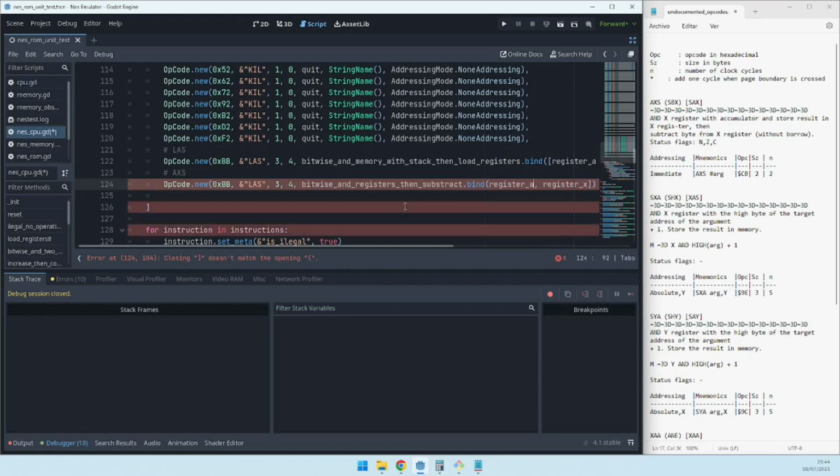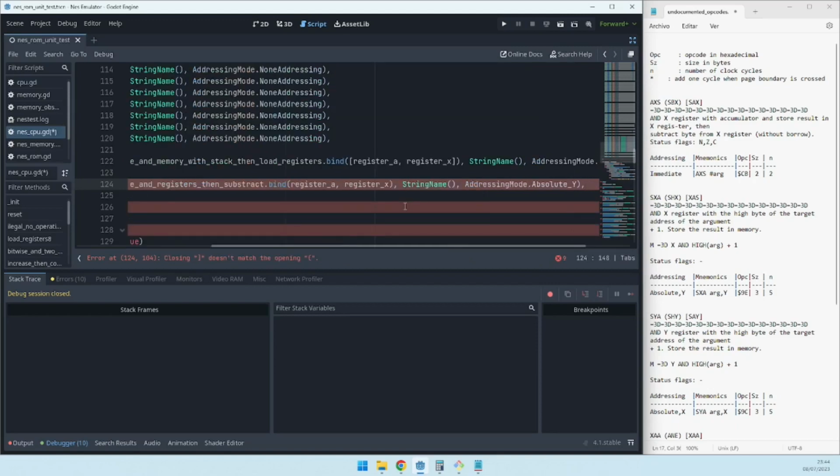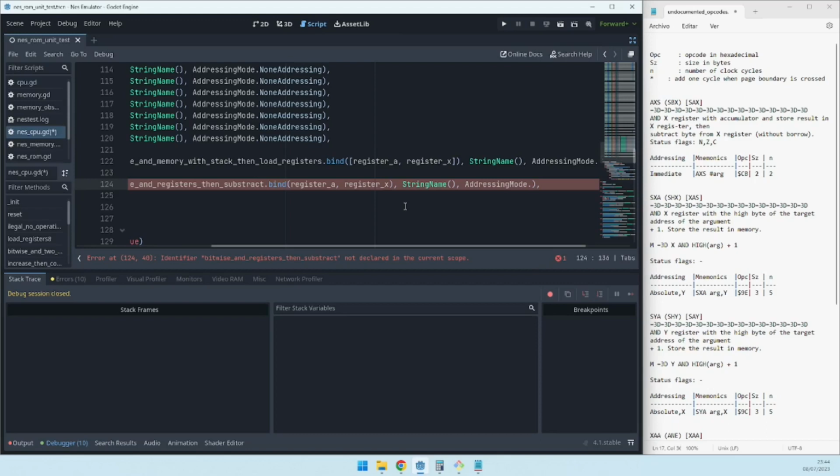This one is taking A and X, and this is the immediate.